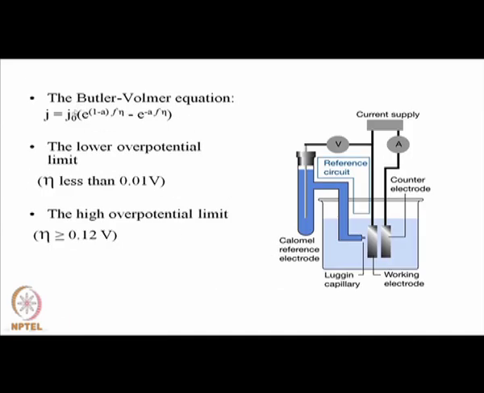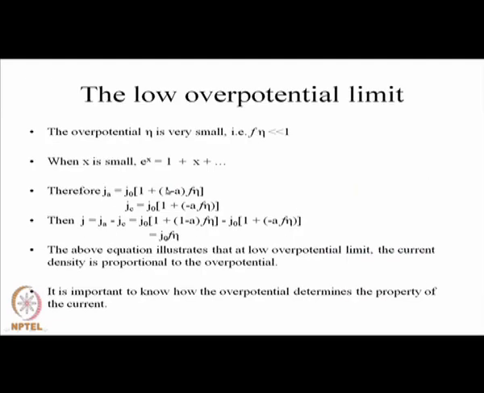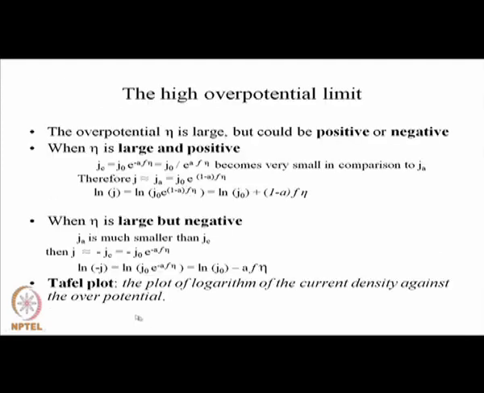From Butler-Volmer, using the high overpotential limit, you have reached this plot of ln j against overpotential, which is called the Tafel plot. When it is low overpotential, you get a linear relationship between j and η, but when it is high overpotential, it is no longer a linear situation.